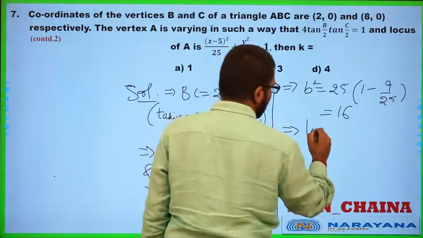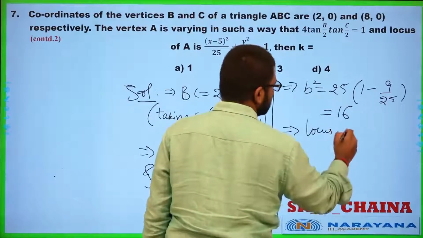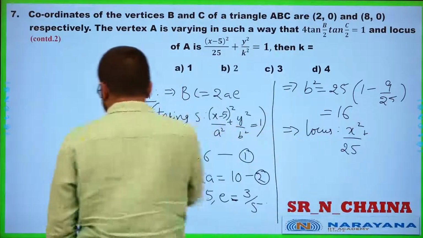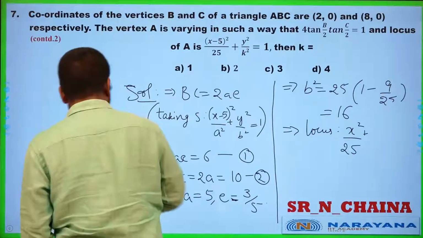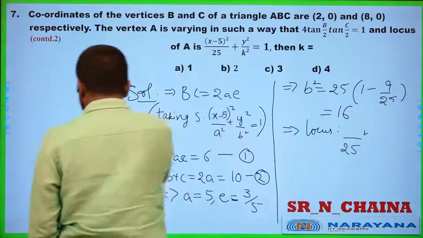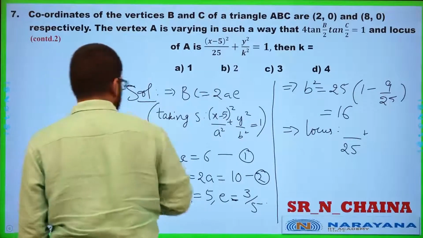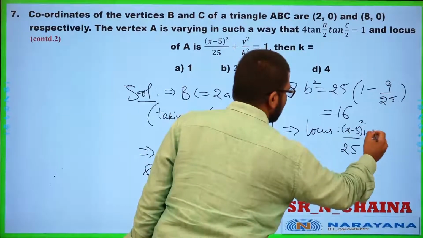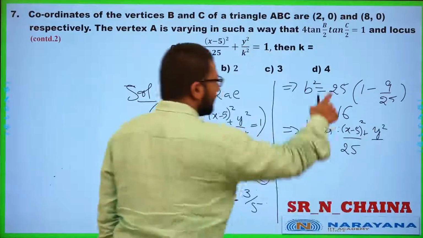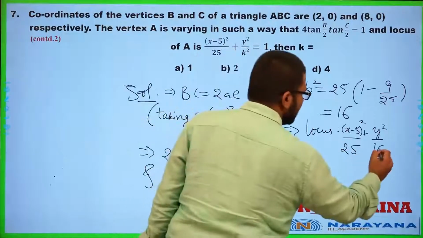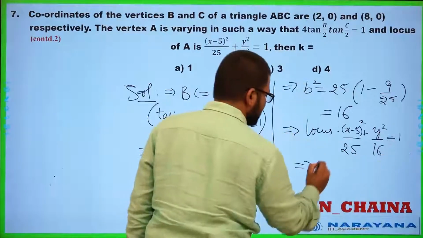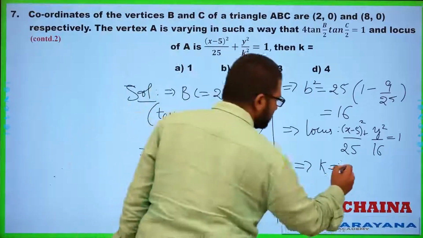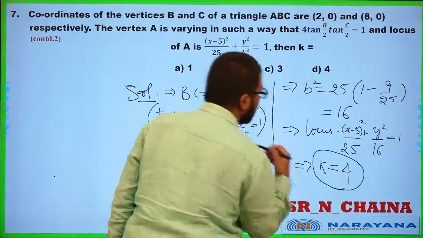So the locus of A is x minus 5 the whole square by 25 plus y square by 16 equal to 1. This is a shifted ellipse, center is 5 comma 0, so the value of k square is 16, therefore k is 4.